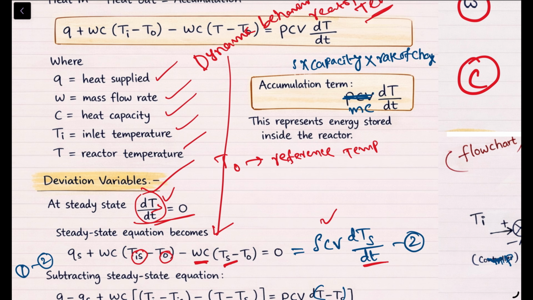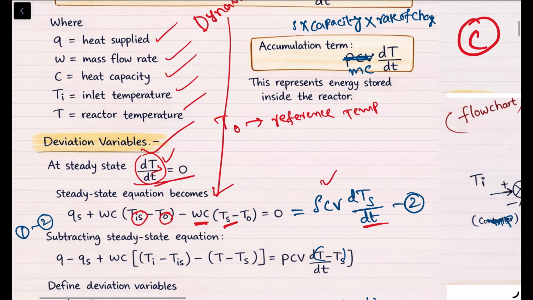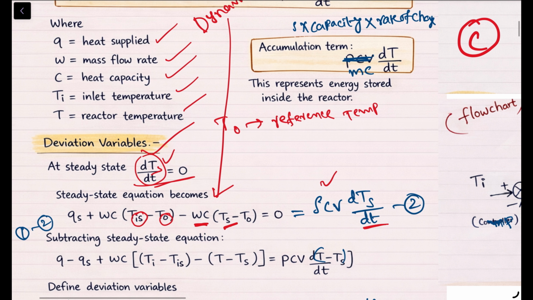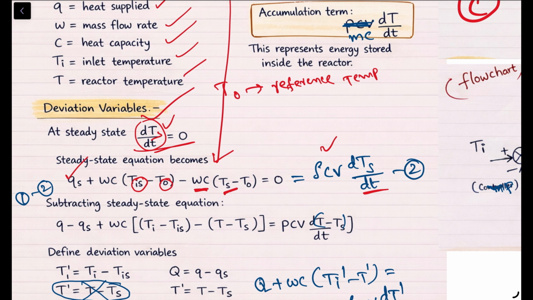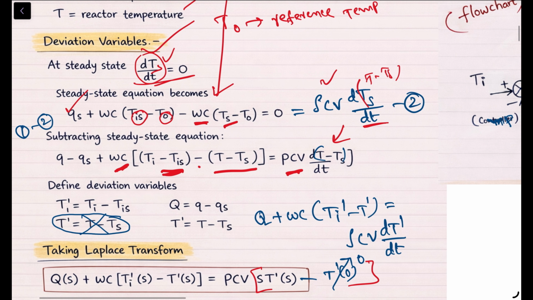Now subtracting equation 2 from equation 1, the steady state equation. That gives Q minus Qs plus WC into (Ta minus Tis) minus WC into (T minus Ts) equal to rho Cv into d(T minus Ts) by dt, with WC as a common term.